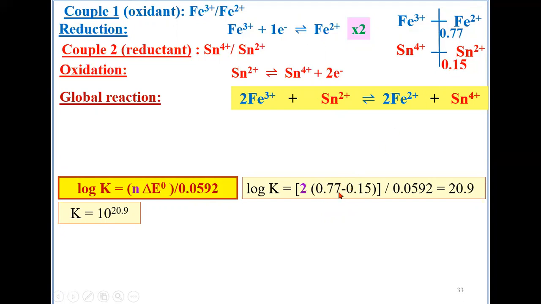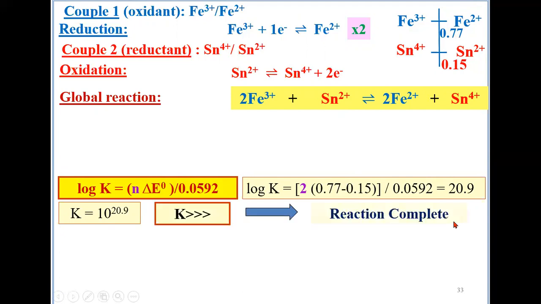Notice, even if I'm under non-standard conditions, I do not have to correct this. This is always delta E naught. Find the K, and you get a complete reaction, okay? Because the K is fairly large.